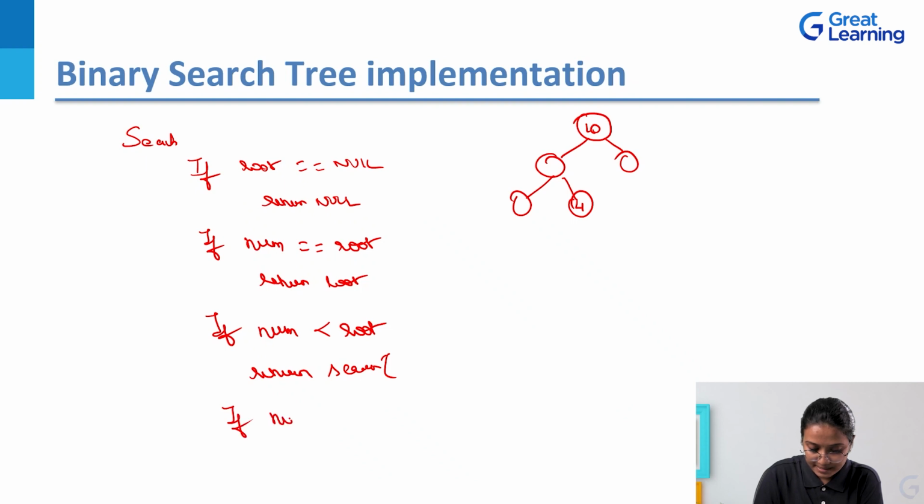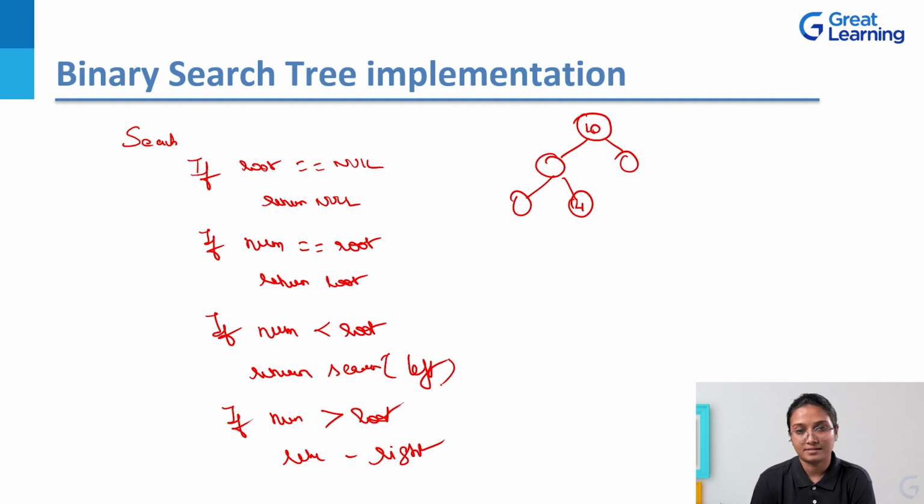If the number is greater than the root value, then it has to go to the right side of the tree. Here it is left side and it has to go to the right side if you want to search anything. So that is how a simple pseudocode presents here. How do you search an element inside a binary search tree? So the next part which you have to keep in consideration is how do you insert an element?